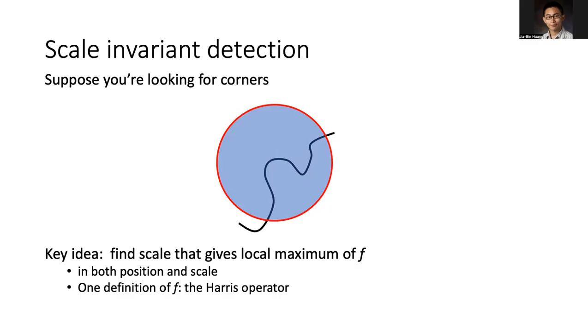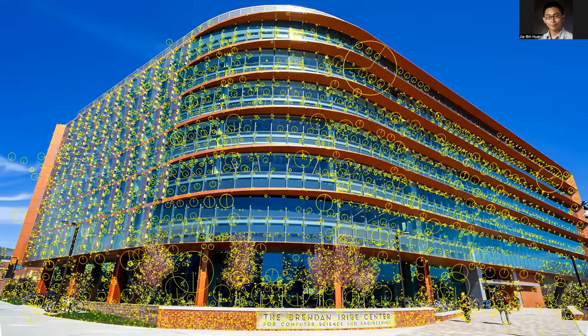Okay, so the idea here is that I need to have some measurement that captures this: if I test on multiple different scales, which of the scales will give me the maximum response. I want to find something that's sensitive to this response, so that I can say, oh, this is the corner.